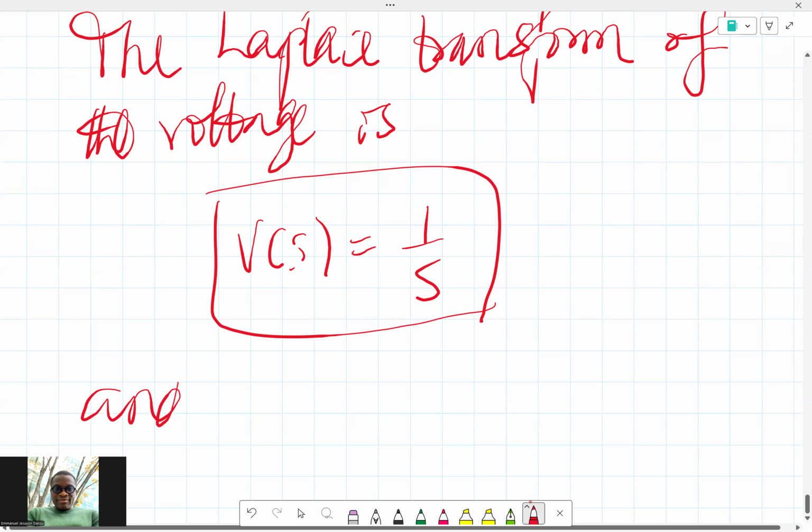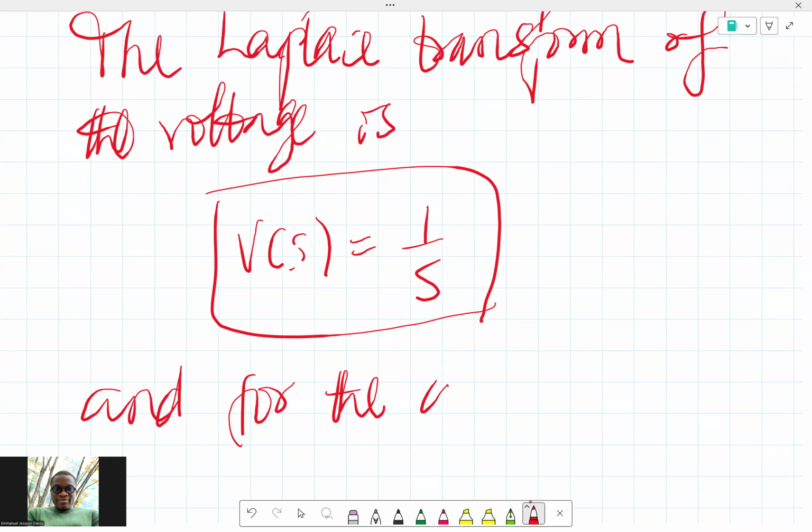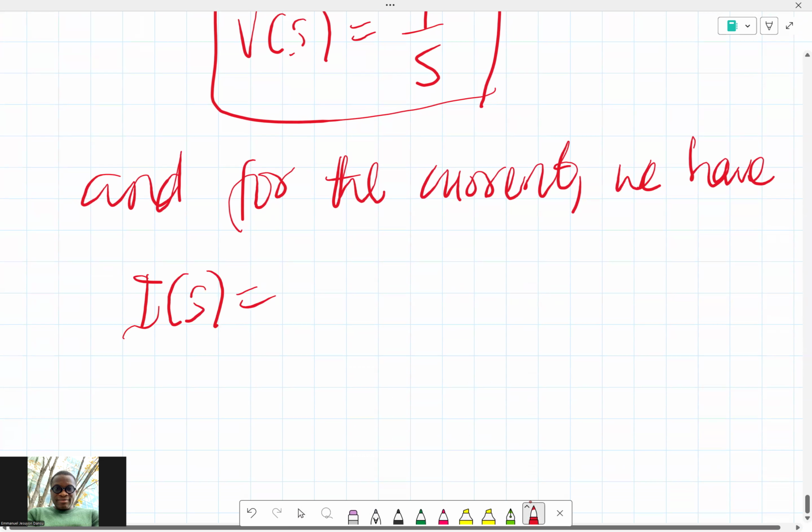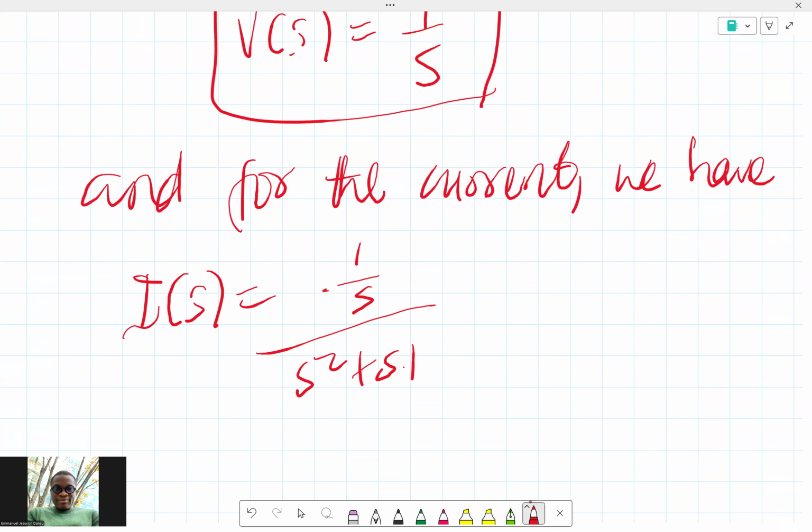And for the current, we have I of S equals 1 over S all over S squared plus S plus 1.